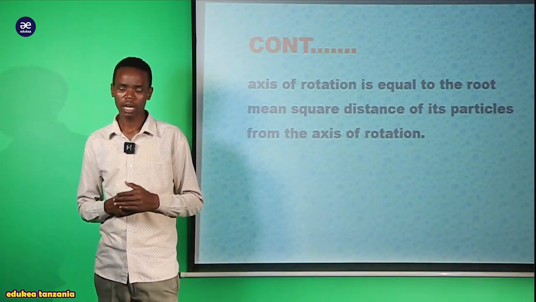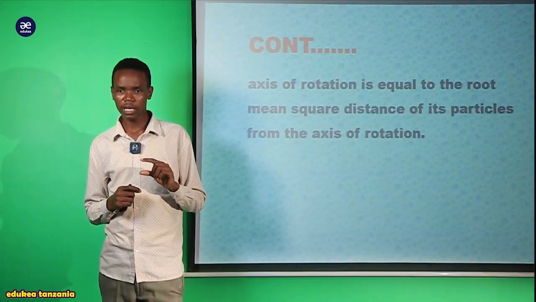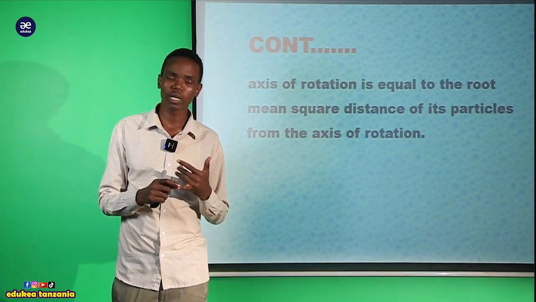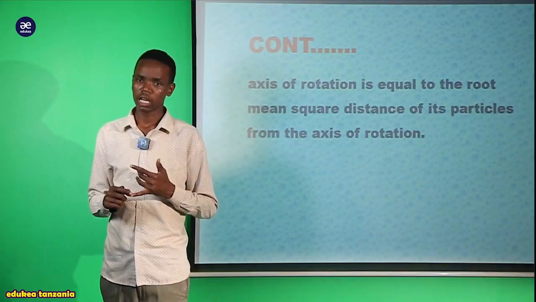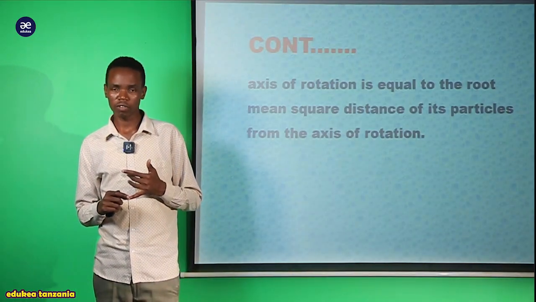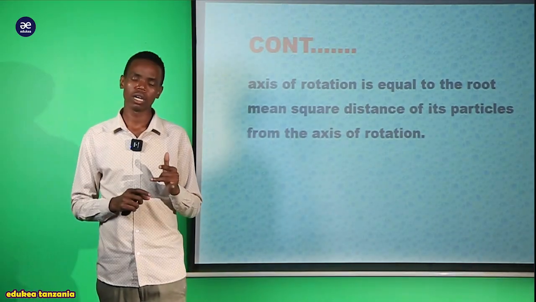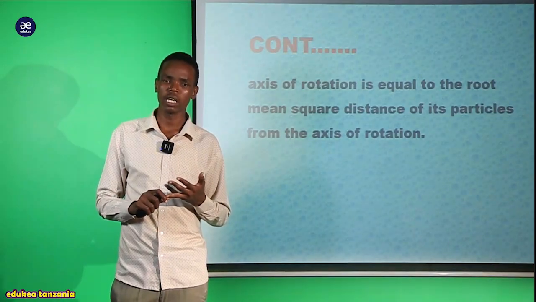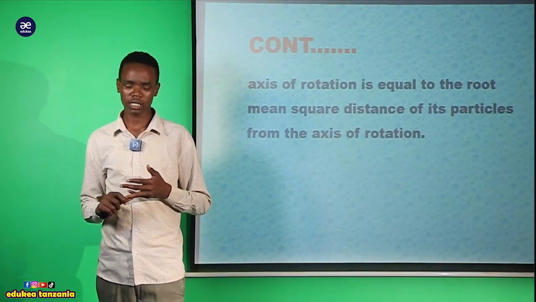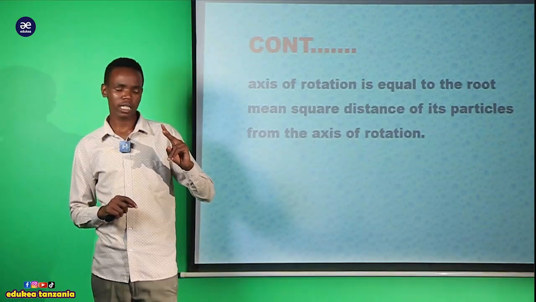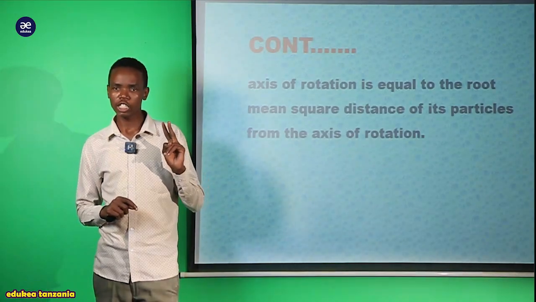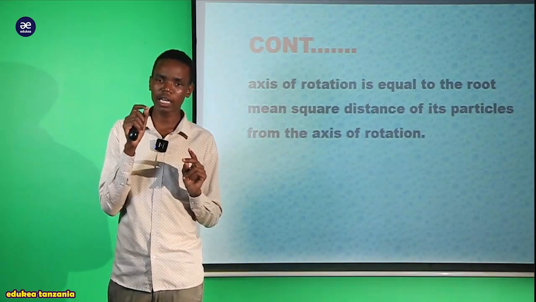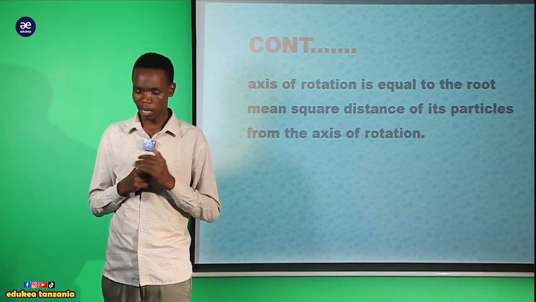One of the questions you'll be asked, the first task, is: can you define the meaning of the radius of gyration? Give the meaning or the definition of the radius of gyration. The second question or task that you'll be asked is: can you prove that the radius of gyration is equal to the radical of I divided by m?